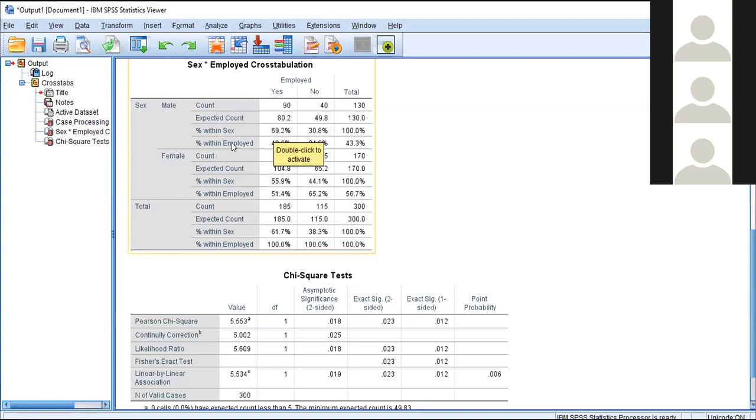But the other one along the column, can you see what is showing up? This one shows the percentage of employed people that are male and female. Can you see the female's own? Which one is higher? The female's own is here, 51.4. The male's own is 48.6. Which one is higher?